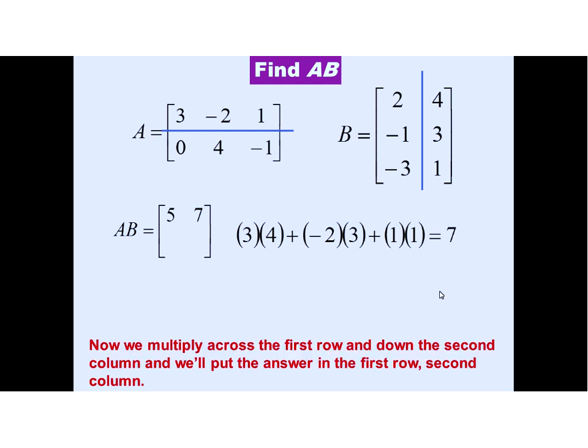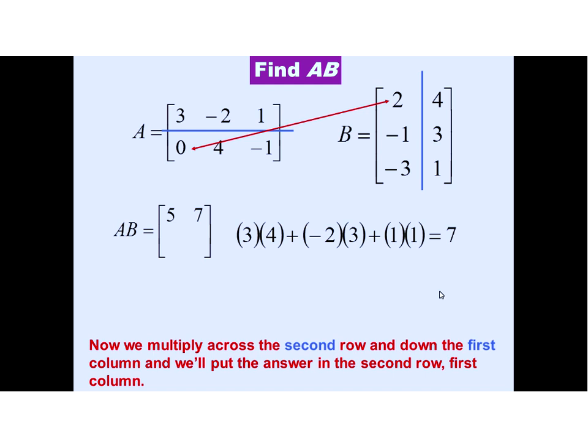Now again I will take the second row and the first column. Now we multiply across the second row and down the first column, and we will put the answer in the second row and first column. The same procedure I am repeating once again for the second row.